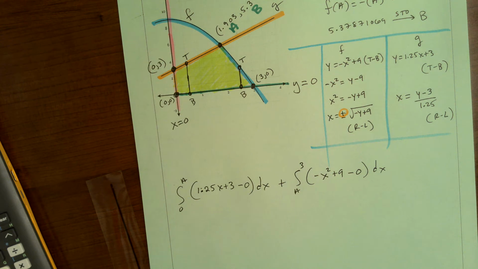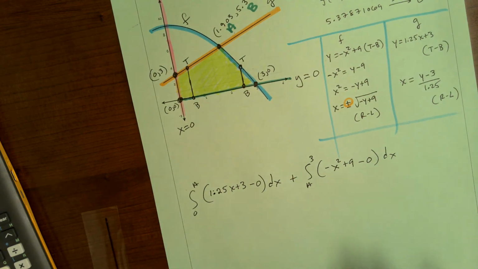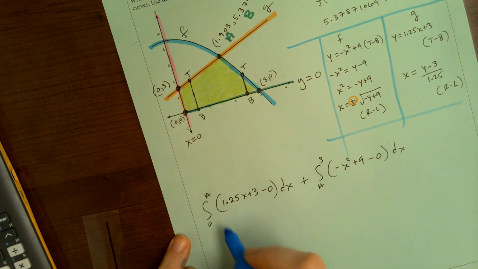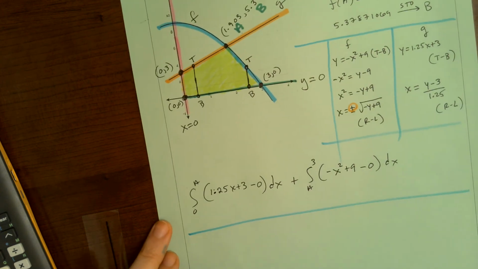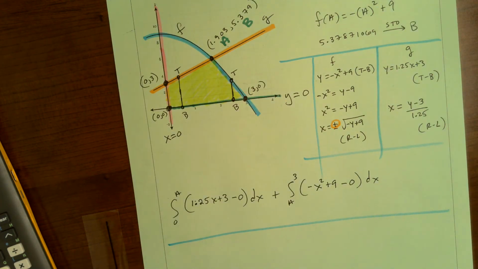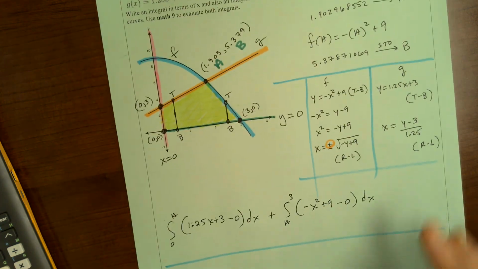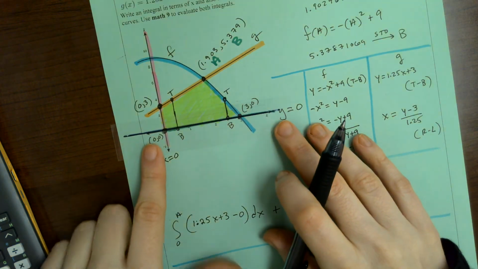Let me do the one in terms of y, and then we'll get the answers. All right, so that's in terms of x. Now they want an integral in terms of y. So for y, I've got to do right minus left. Okay, so now watch this.